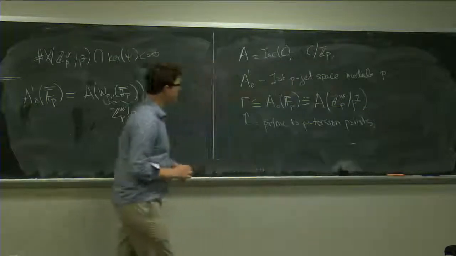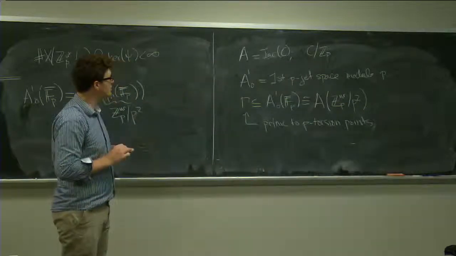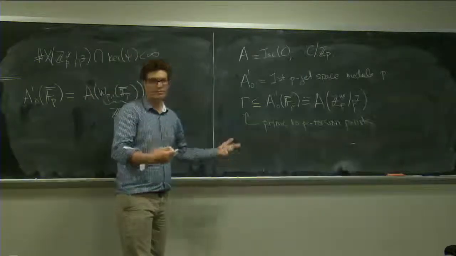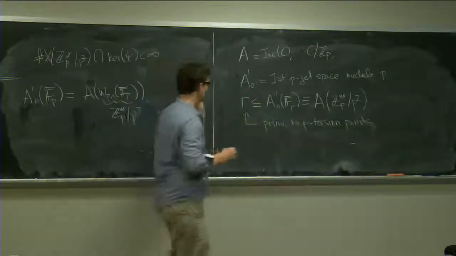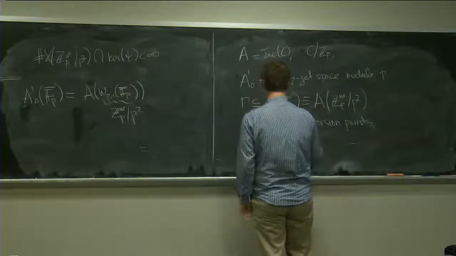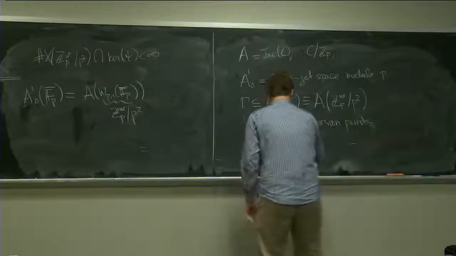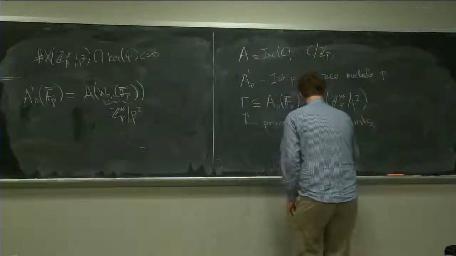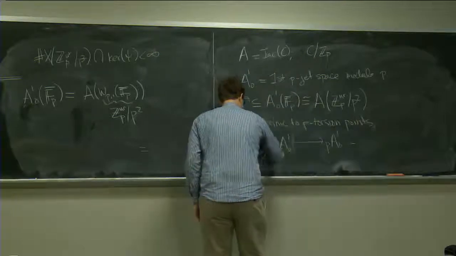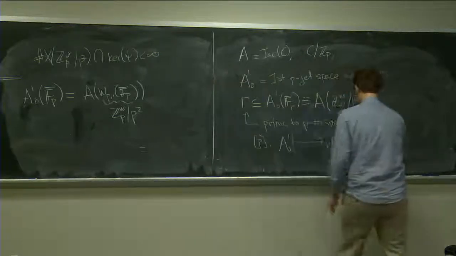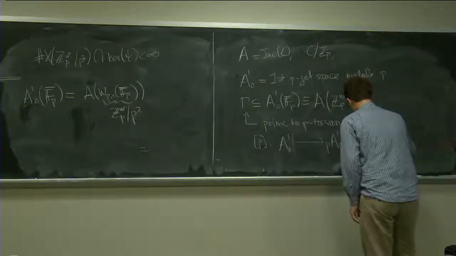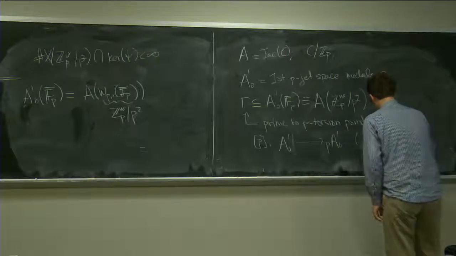Since it's prime to p, I'm going to take psi to be multiplication by p. If it's prime to p, multiplication by p won't do anything. So I can take A^{0,1} of F_p and then multiply by p, and this is the multiplication by p map, and this thing doesn't do anything to torsion. So the image contains the torsion points.